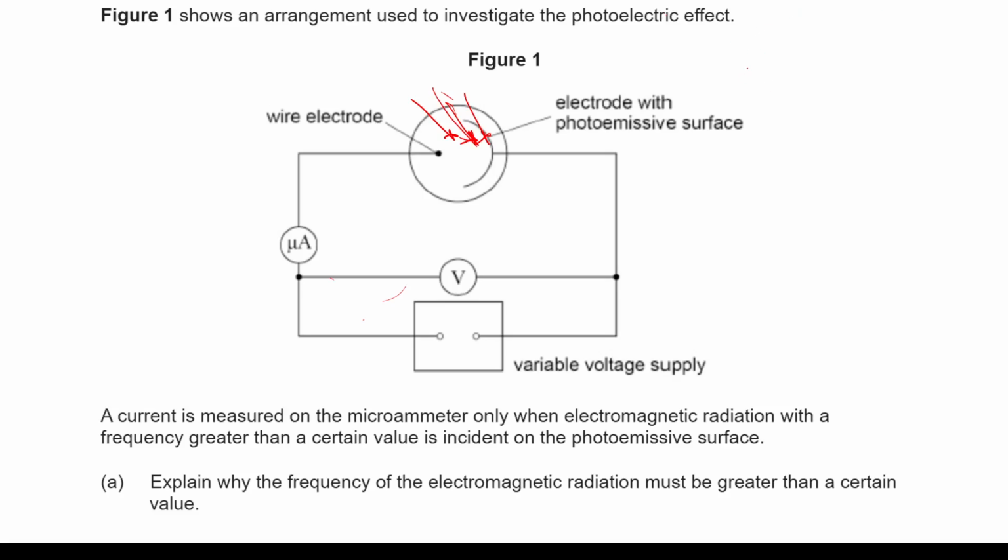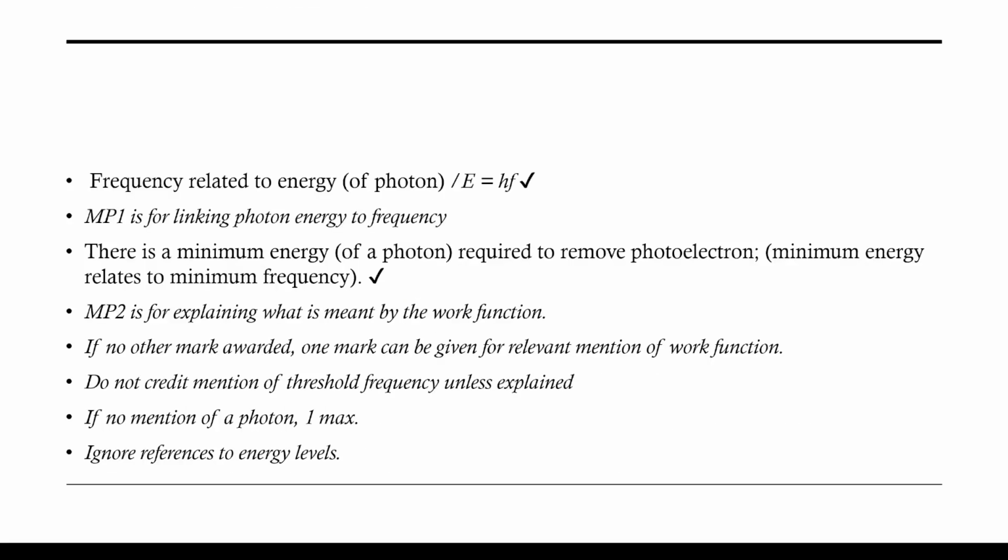It has to break the bond. So hf should be greater than work function, so that hf minus work function can give Ke, which is Ke max. So why should the frequency of EM radiation be greater? So that it can break the bonds. Okay, see, so that's the answer.